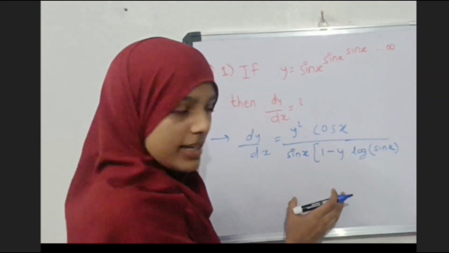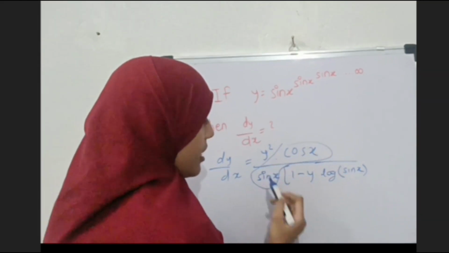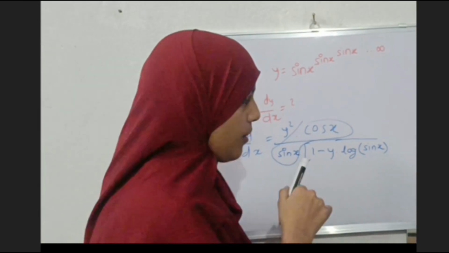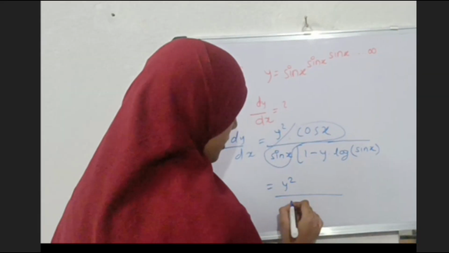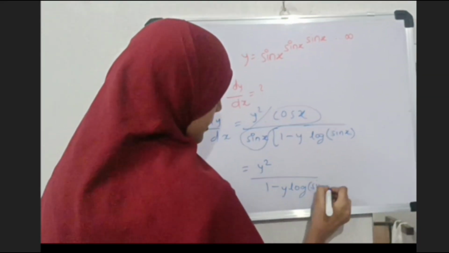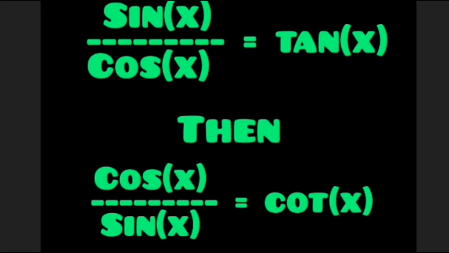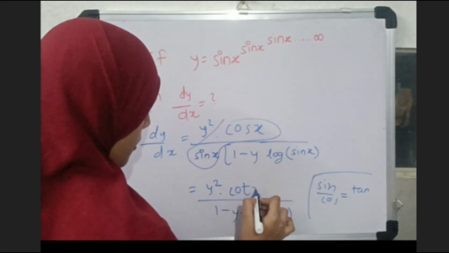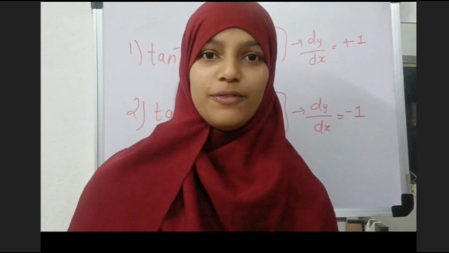You can keep it like this, or else you can take cos upon sin. What will be the value of cos upon sin? So we can take it as y square over 1 minus y into log of sin x, into cot x. That's it.